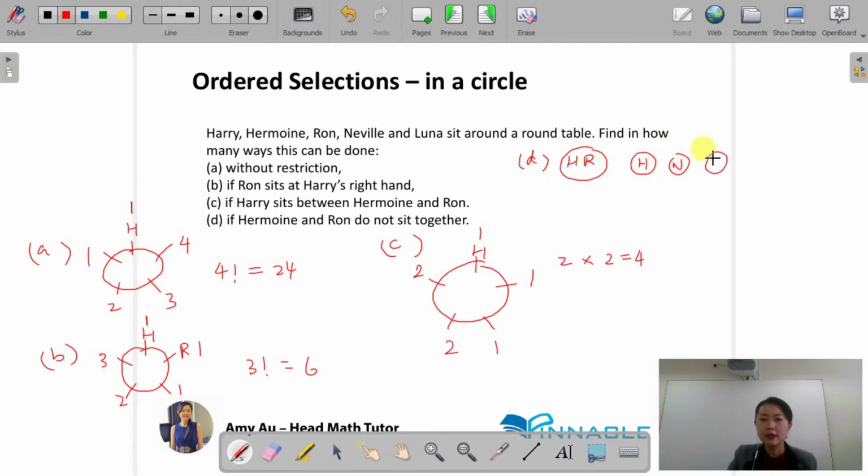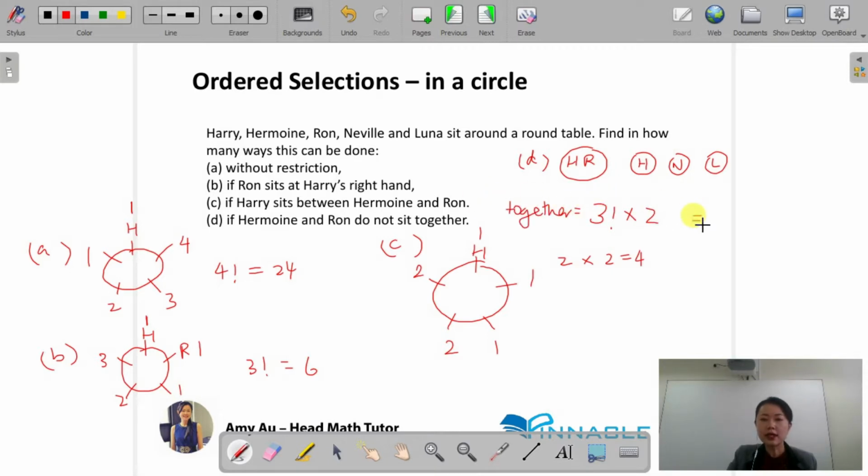Neville, and Luna. So this is a complementary case. We have 4 things to arrange in a circle. So that is 3 factorial, as we learned, 1 less than a straight line. And Hermione and Ron can swap, so that's times 2. Alright, so this is when they are together.